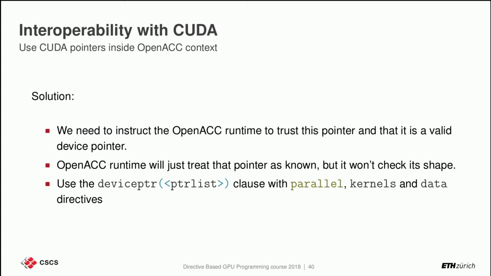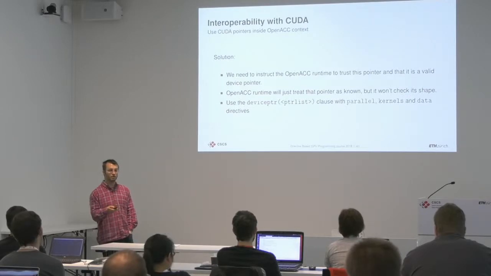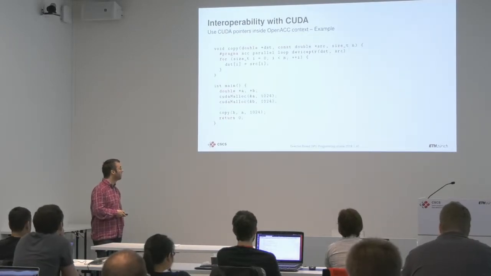It can be used with parallel, kernels, and the data directives. So in your parallel loop, you just say that the following pointer is a device pointer, and just go ahead and use it. So this is an example.